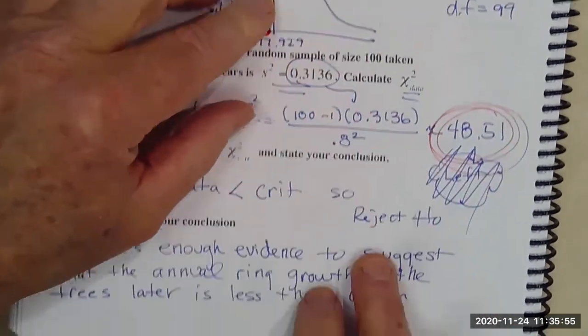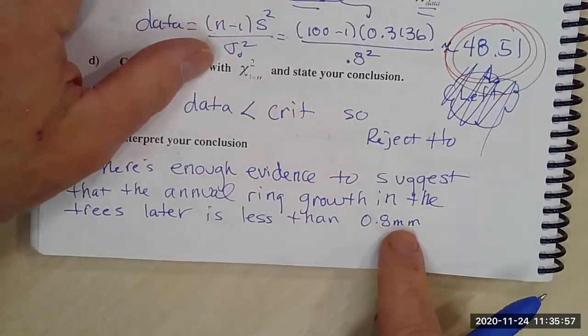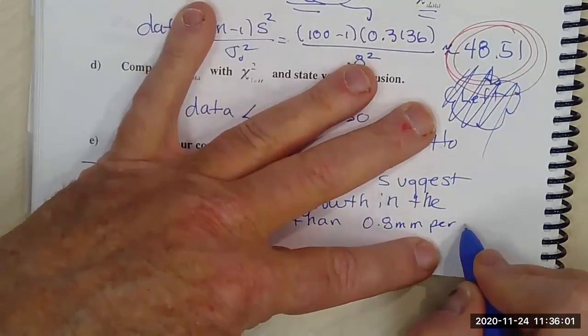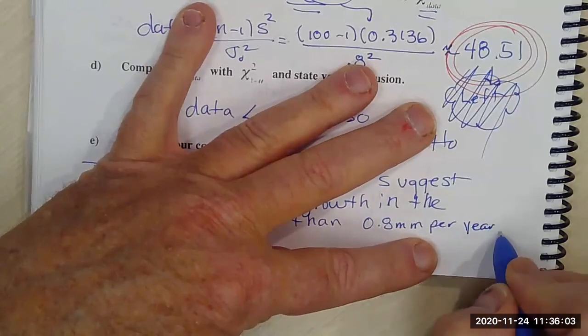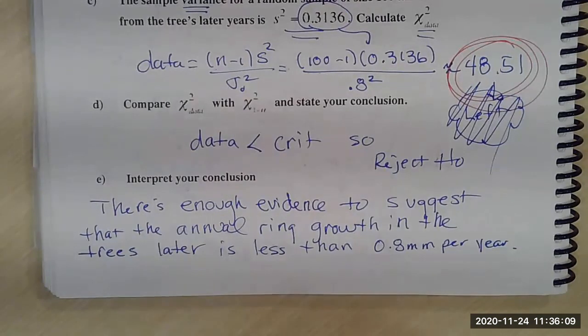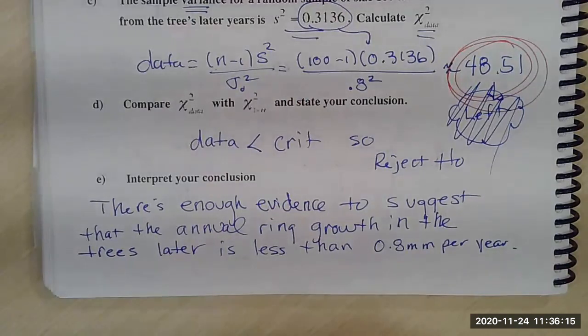I corrected that. Is less than millimeters per year. So I think I am done.